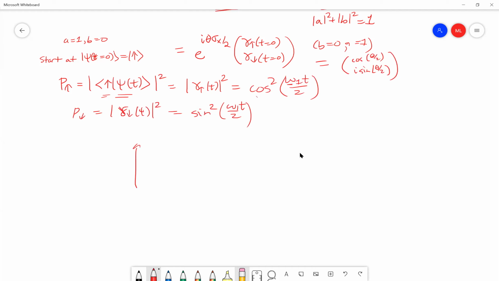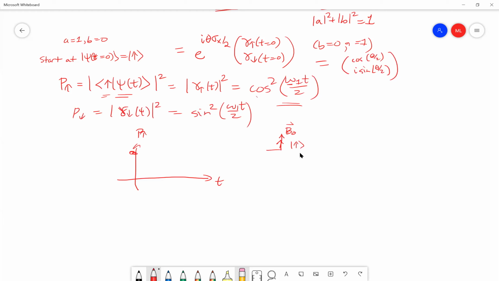So if we were to plot, say, the probability as a function of time of being in the up direction, what does it look like? Well, it oscillates between 0 and 1. Remember, this is something that's initially pointing up along the B naught direction, the Z direction. It's initially in this state.